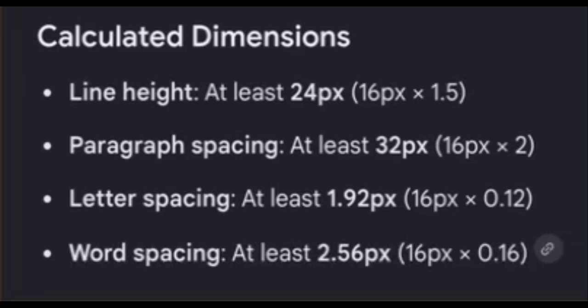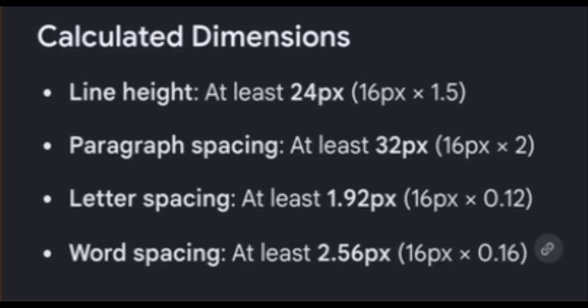Let's understand what this means when we have a base font size of 16 pixels. How do you calculate the minimum dimensions required to meet WCAG 1.4.12, text spacing? If the font size is 16 pixels, then your line height has to be at least 1.5 times the font size, so 16 pixels times 1.5, which is at least 24 pixels.